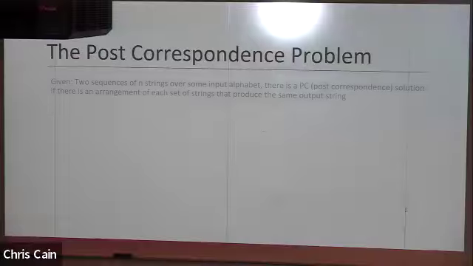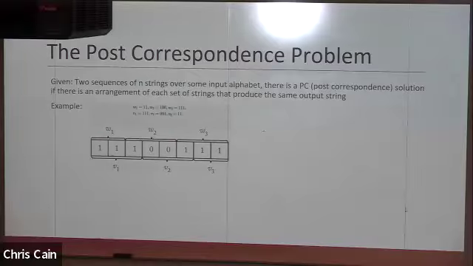The Post Correspondence Problem says we have 2 sequences of n strings over an input alphabet. There's a Post Correspondence solution if there's an arrangement of the sets of strings that produce the same output string. Here's an example.